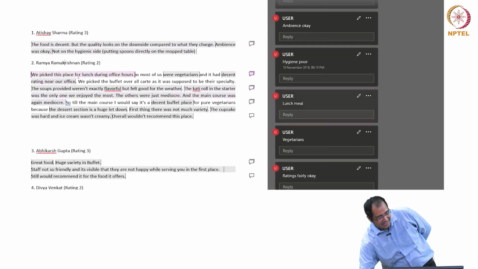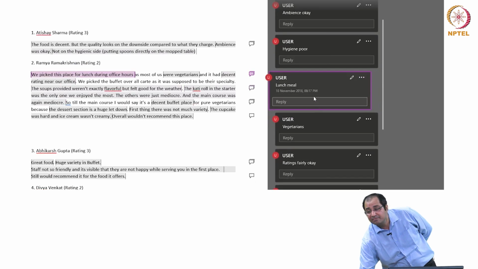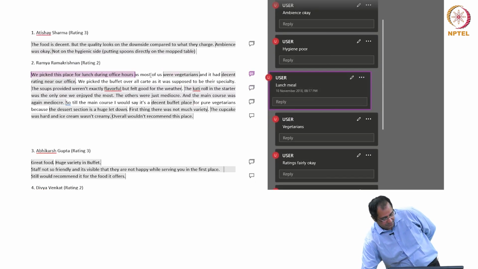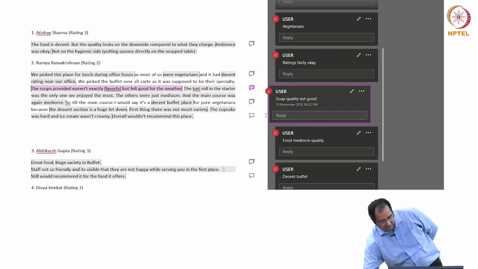If you look at it, we picked this place for lunch during office hours, lunch meal, as most of us were vegetarians, and it had decent ratings, fairly okay. We picked the buffet over a la carte as it was supposed to be their speciality. The soups provided were not exactly flavorful but felt good for the weather. Soup quality not good.